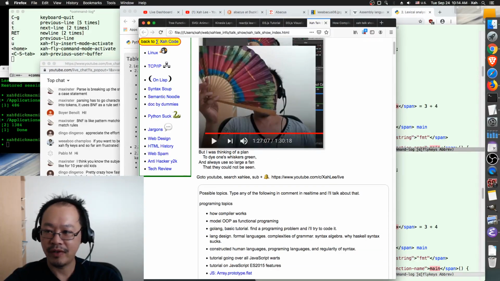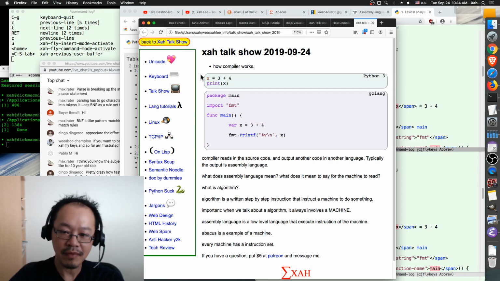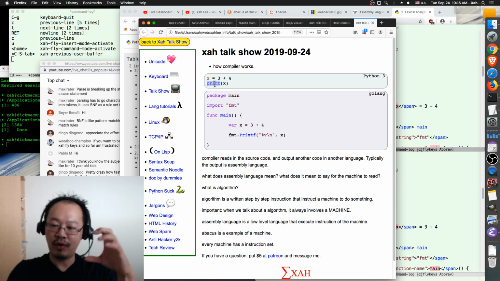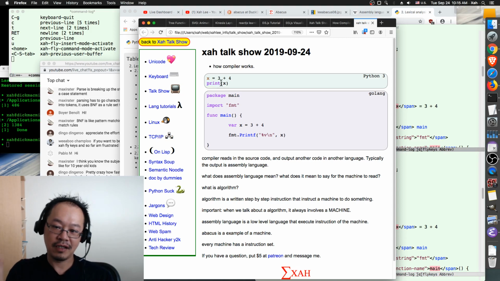For example, this X is a token. The equal sign is a token. 3 and 4 are tokens. The plus sign is a token. The full word print is a token. The left parenthesis is a token. X is a token again, and the right parenthesis is a token.